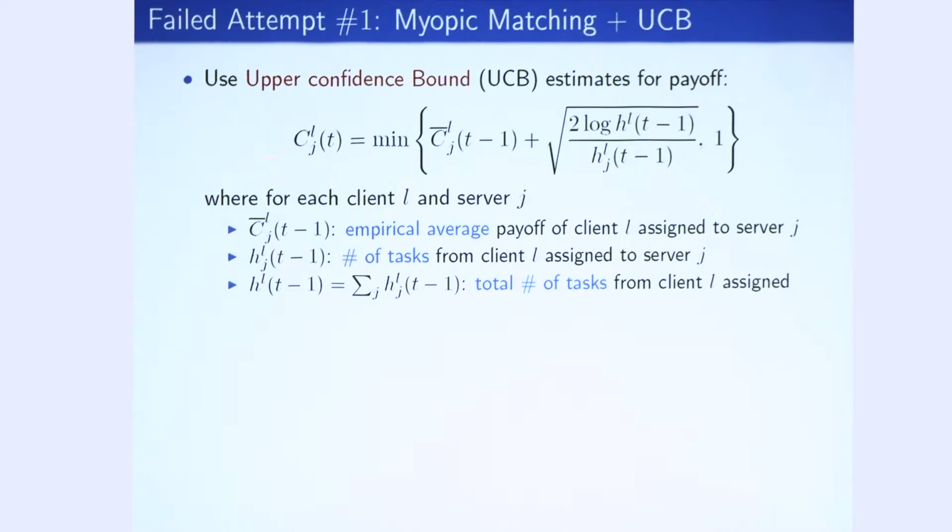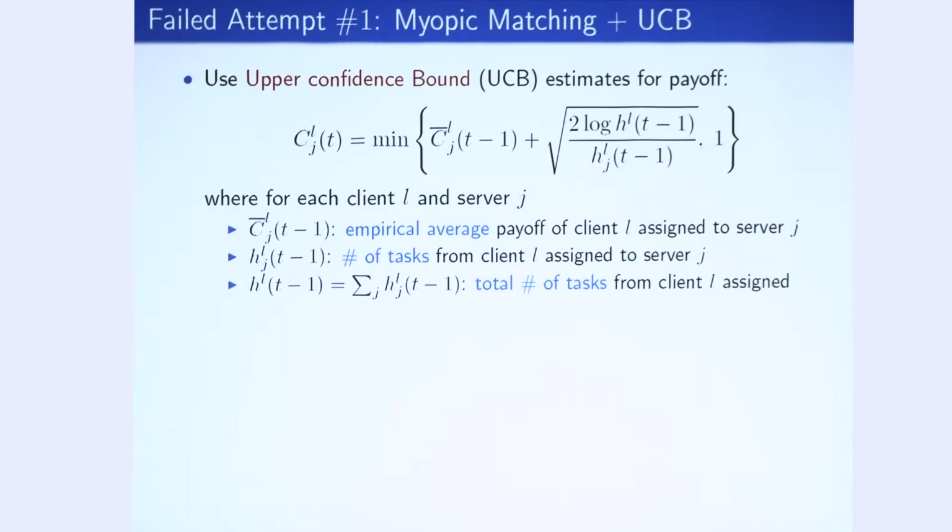Here C_{JLT} denotes the upper confidence bound estimator of the payoff for client L to server J. This equals C bar, which denotes the empirical average of the payoff that has been received so far by client L from server J, and then we add an adjustment term.